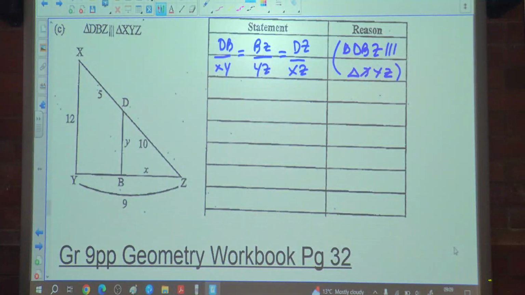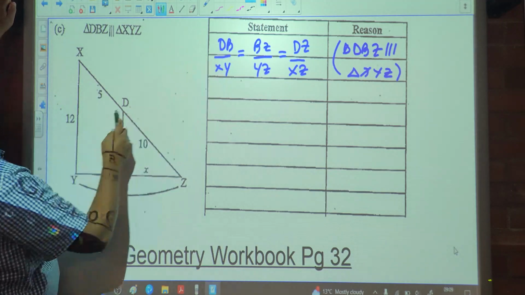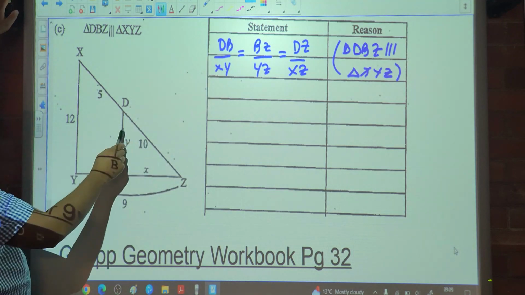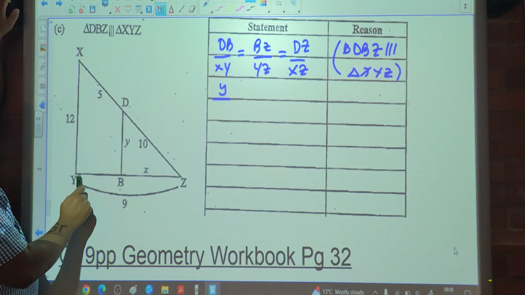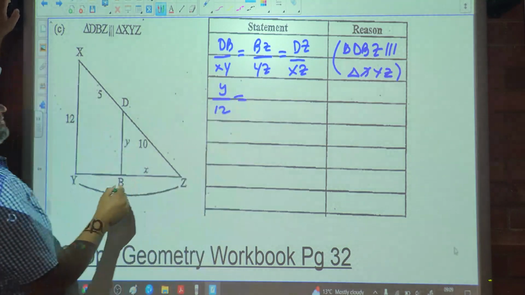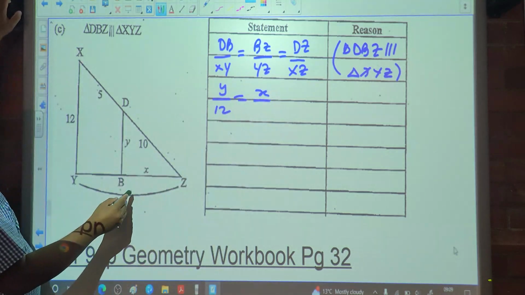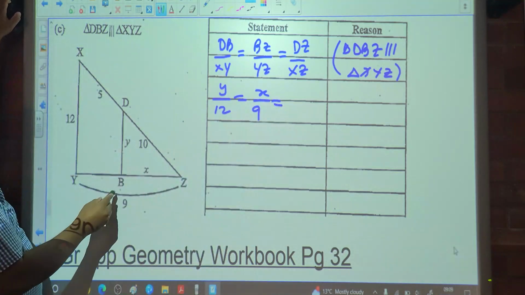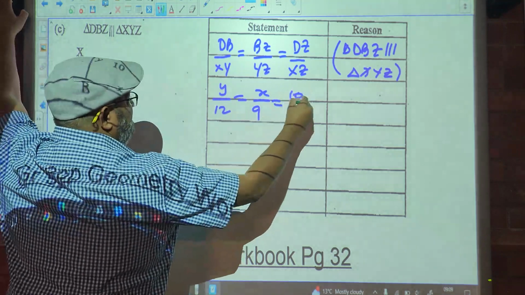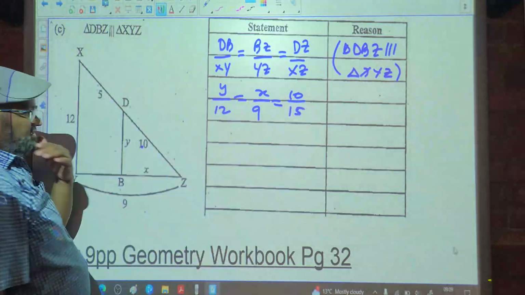So DB over XY, 12, must be equal to BZ, X, over YZ, 9, equals DZ, 10, over XZ, 10 plus 5, which is 15. So there's my known ratio.